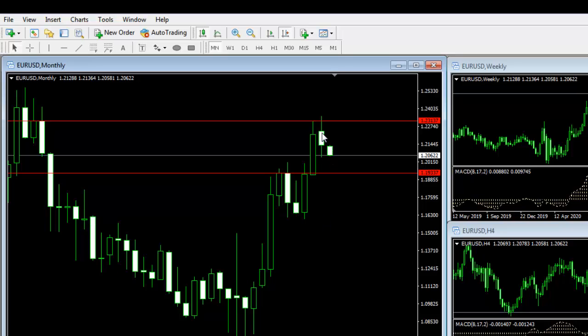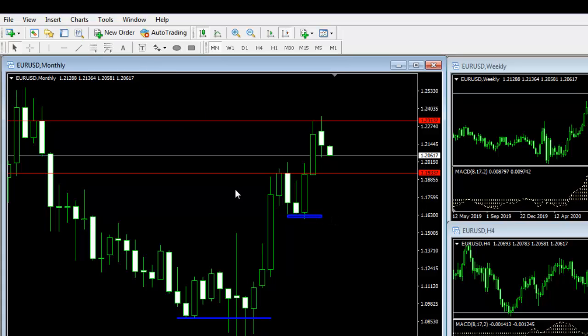In terms of what I expect the market to do, based on this move here, the market now has made a higher low. There is a low there, and I'll use that low. I tend to use the close of the candlesticks instead of the wicks, and then we have this higher low here.